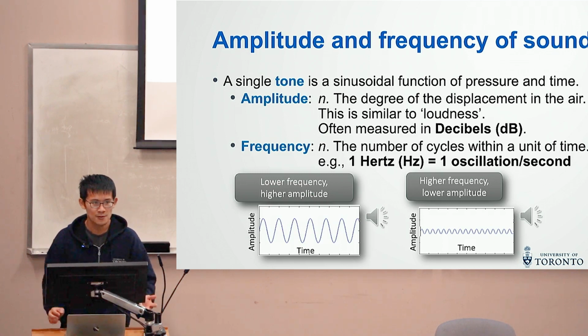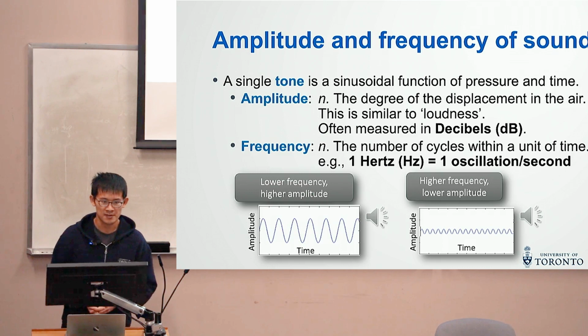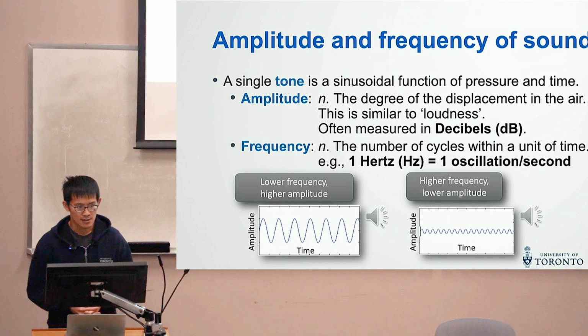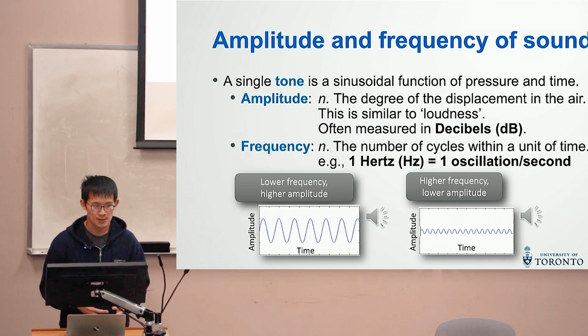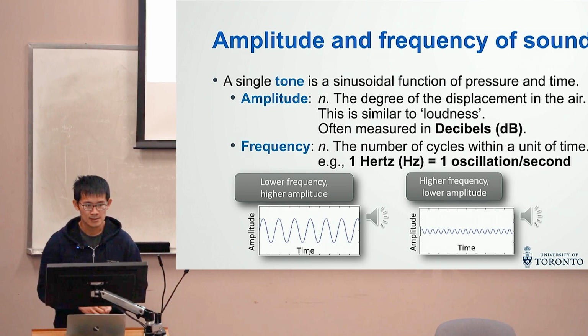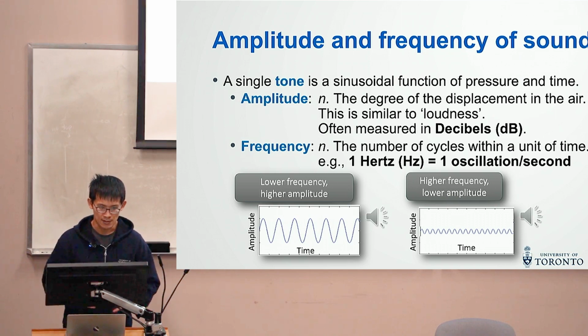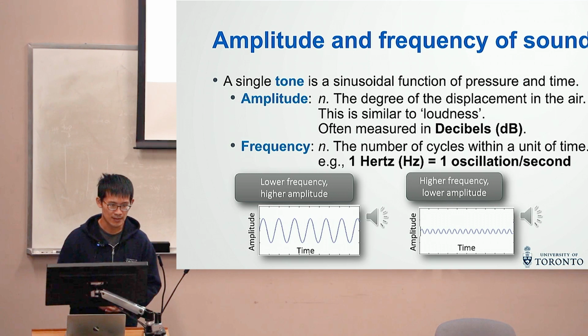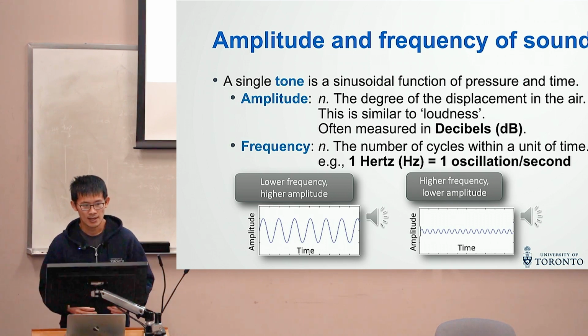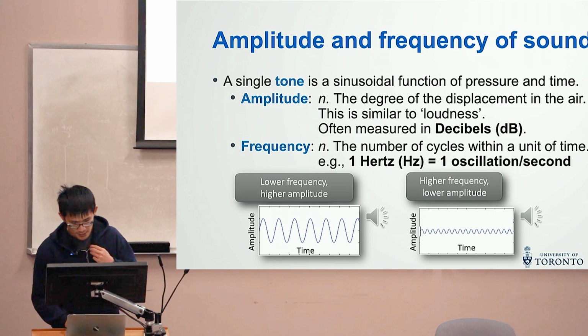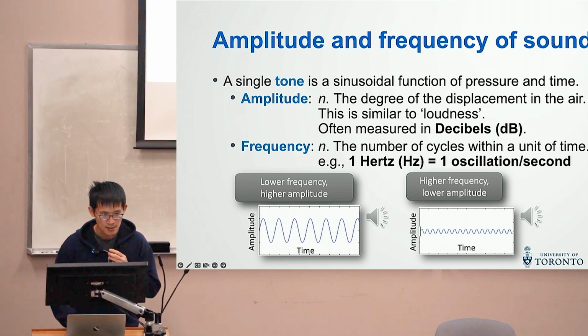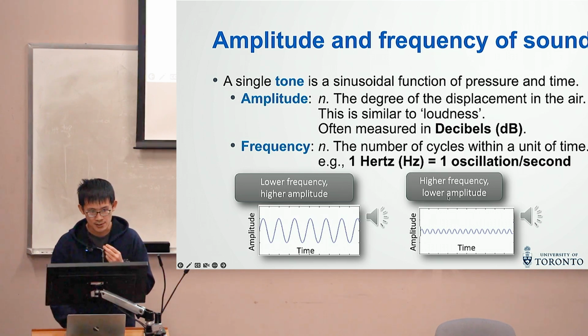Two of the very obvious features of sound include amplitude and frequency. Amplitude essentially means loudness. If the oscillation has higher amplitude, then that means that the corresponding tone is louder. And if the sound has a higher frequency, then it will sound higher. So here are 2 examples of a lower frequency high amplitude sound versus a higher frequency low amplitude sound.